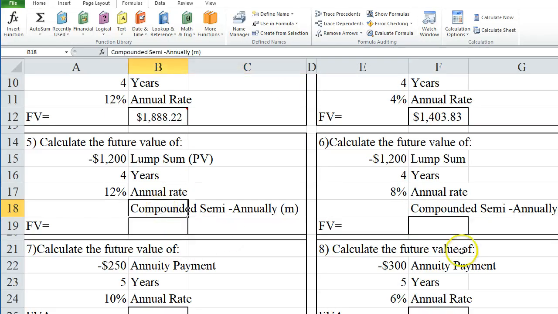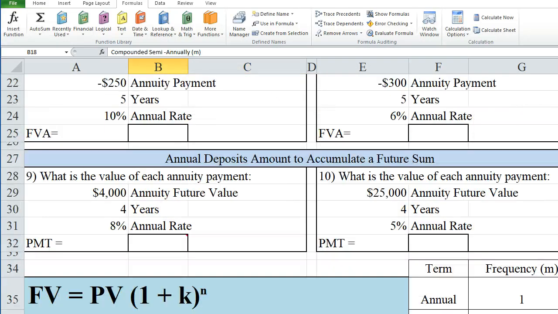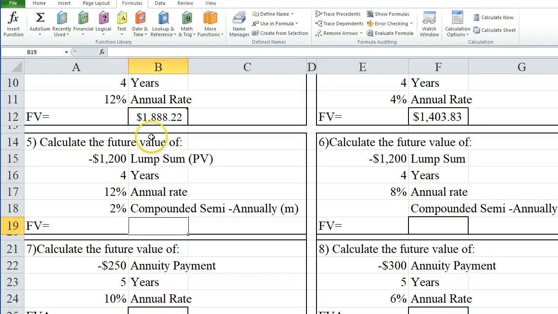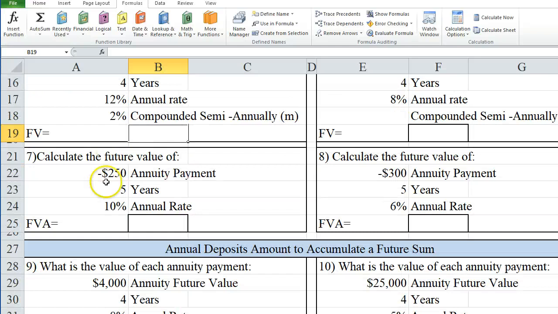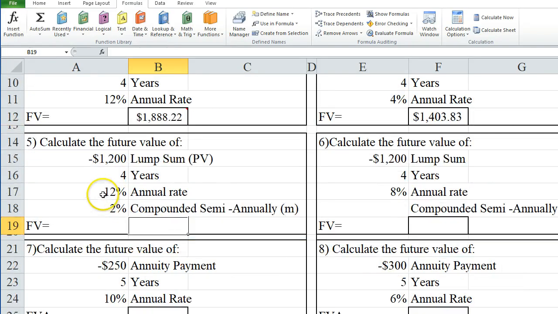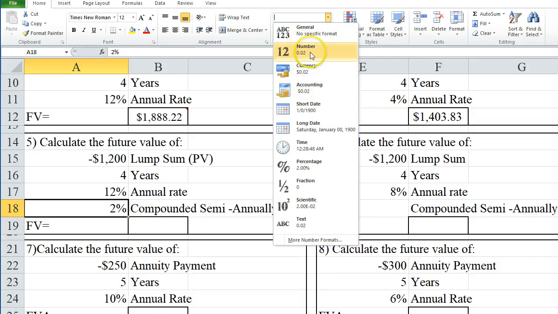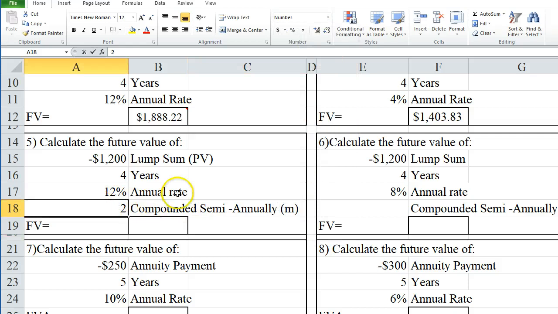For semi-annual, if I look at this little chart down here, semi is 2, so I'm going to make our frequency 2 here. But not 2%. This is just a regular number, so I'm going to change this to number and retype it as 2.